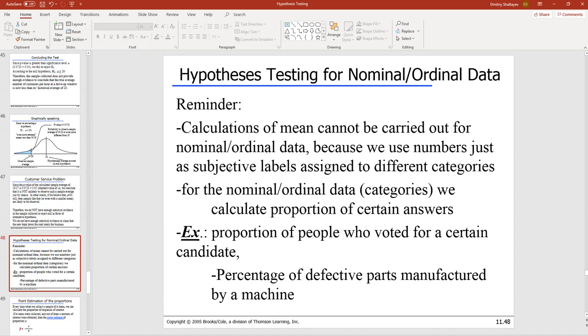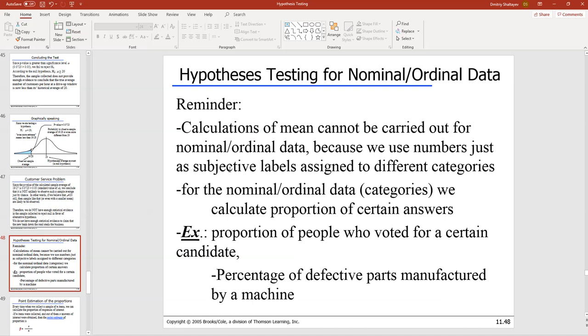If it passes the inspection, the quality check, then we'll label that as good. If it fails certain aspects of the quality check, then we'll label that as bad, okay? So each part, just like in elections, right? Each voter casts their vote either for a Republican or for a Democrat. Same thing with parts. Each part is either good or bad.